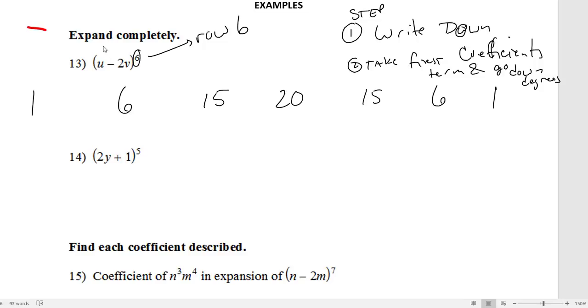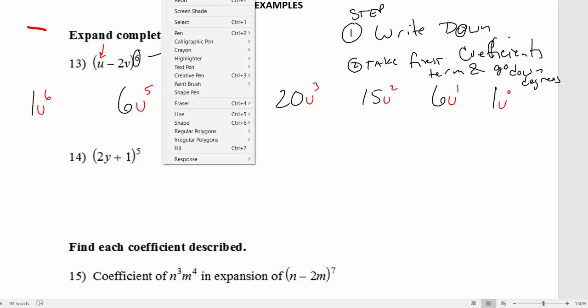I'm going to take the first term, which is this u here. I'm going to start it with the highest exponent, 6. And then I'm going to go down. U to the 5, u to the 4, u to the 3, u to the 2, u to the 1, and u to the 0. Okay, so I'm going to start at the top and work my way down. That's the first one. So 6, 5, 4, 3, 2, 1, 0.